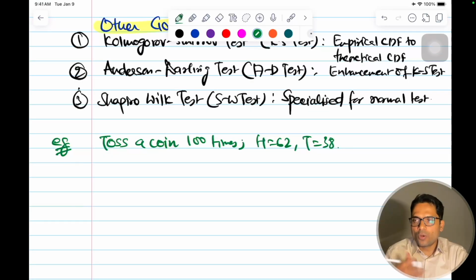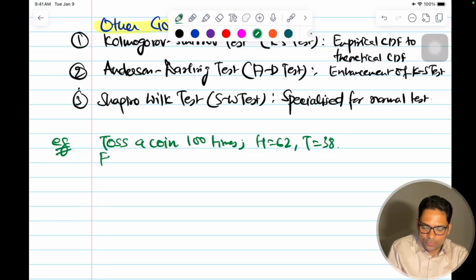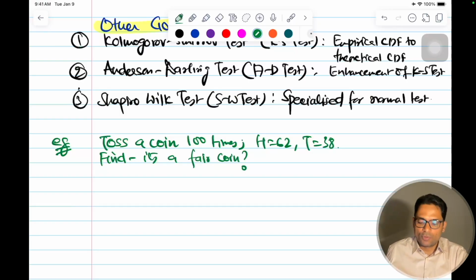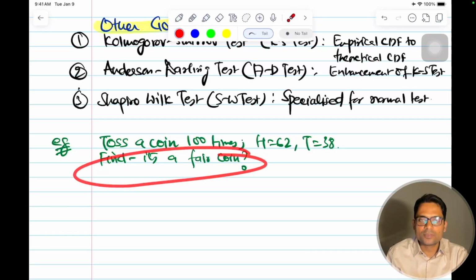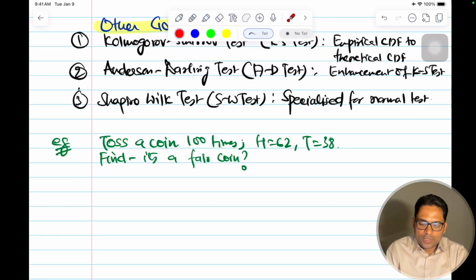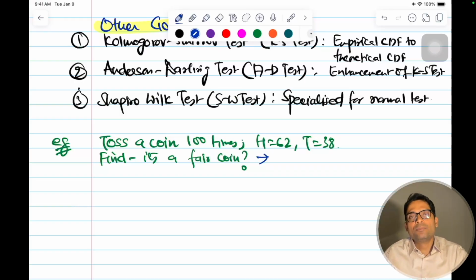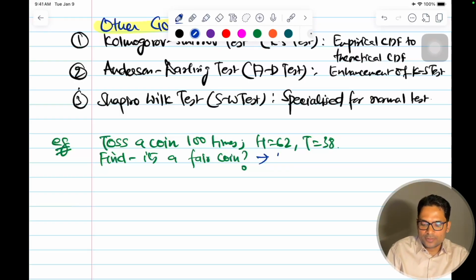Now I want to find whether it's a fair coin. So what are we asking here? What is the underlying distribution for a fair coin? It is a uniform distribution, right?